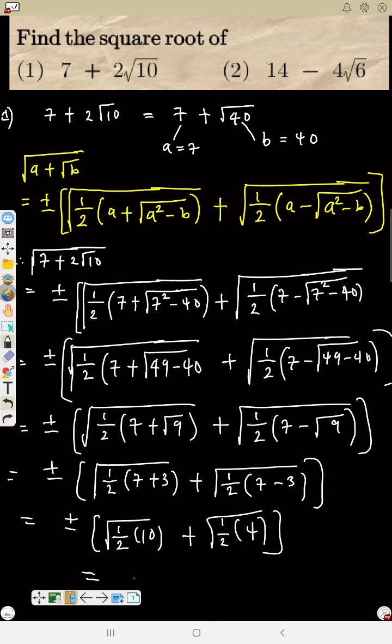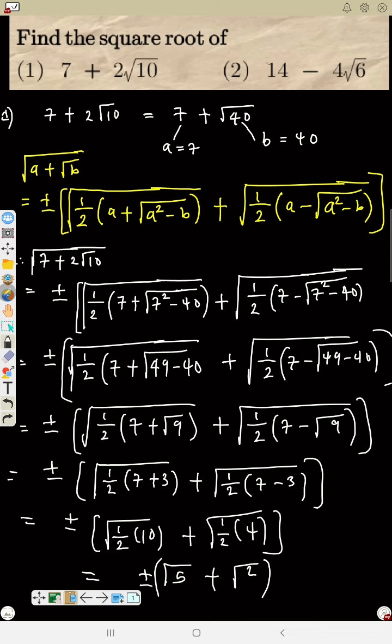So this is plus or minus, now 2 here 1, 2 here 5, so that will be square root of 5 plus square root of 2. 2 here 1, 2 here 2, so like that. Now I will ignore the minus, so I'll take the plus. So that means you will see the final answer now, square root of 5 plus square root of 2.